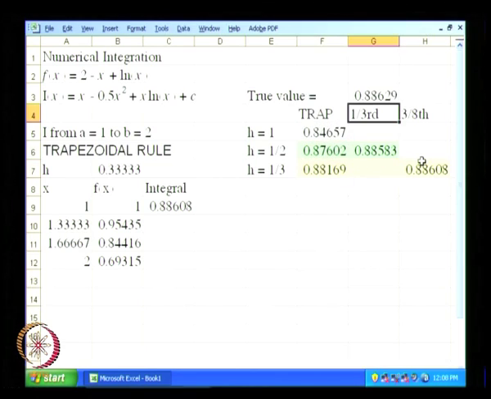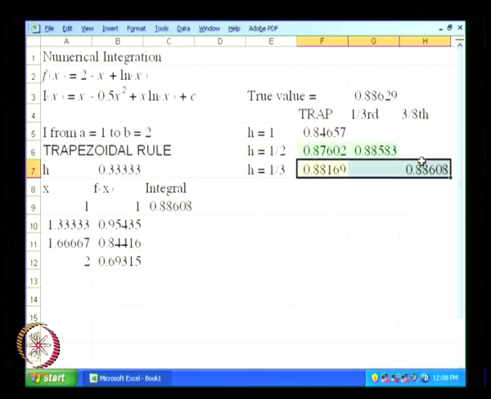Okay. Then we considered Simpson's 1/3 rule, and a single application of Simpson's 1/3 rule allows us to compare with the result we get using 2 applications of the trapezoidal rule, and we find that Simpson's 1/3 rule is more accurate than the trapezoidal rule.